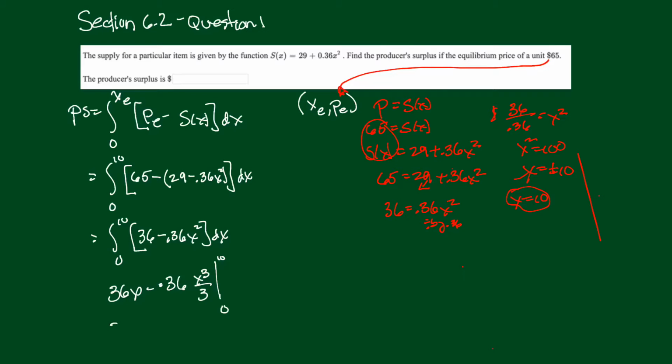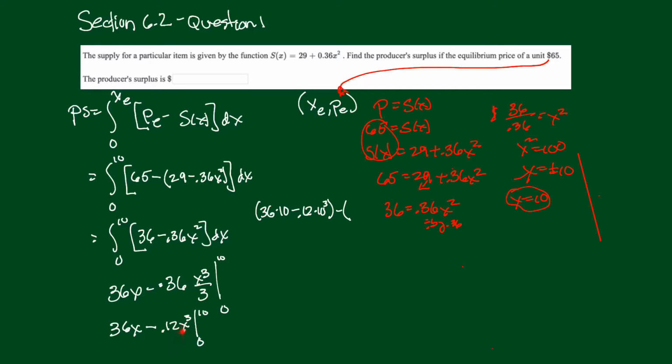We can fix this up a little bit. How about 36x minus, now 0.36 divided by 3 is 0.12x cubed. We're going from 0 to 10. So right up here, let's put in the upper limit. So we're going to get 36 times 10 minus 0.12 times 10 cubed minus, now here's that case again where the lower limit is 0 and every term in the expression has an x in it.